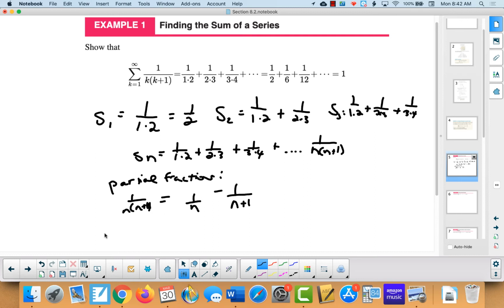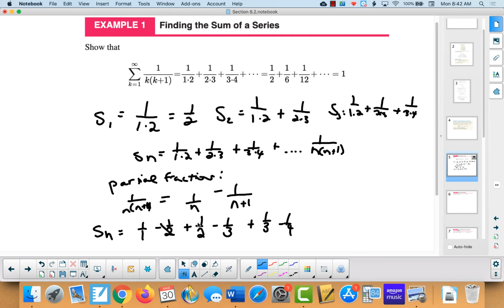And so we can rewrite S sub n as 1 over 1 minus 1/2, because that gives us that 1/2, plus 1/2 minus 1/3, plus 1/3 minus 1/4, and so on.